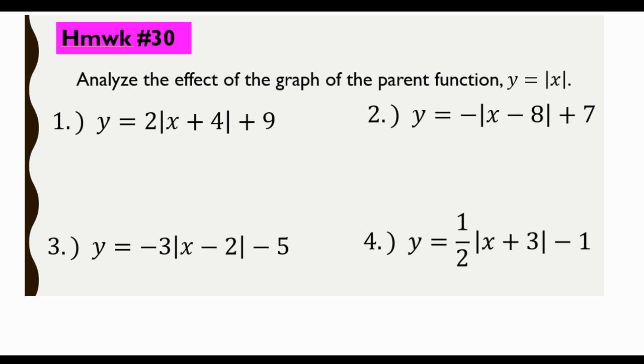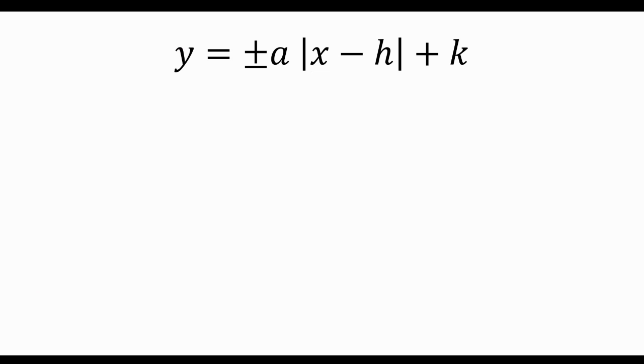The next homework is homework number 30. And so we were using this formula for number 30. And then if you can just check yourselves, what do each of these things mean? Check yourselves.